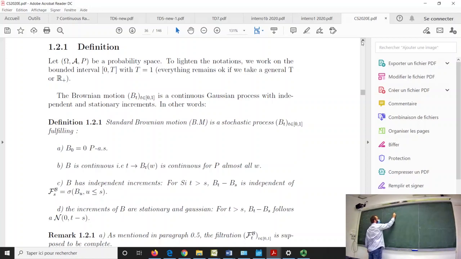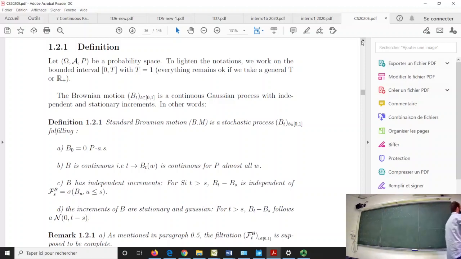So I can write it this way. It is independent of F_s^B, something that I have already defined, that is the filtration generated by a stochastic process, and I just remind you that F_s^B is sigma of B_u for u between 0 and s. It's the smallest sigma algebra that makes all the B_u measurable for u between 0 and s.